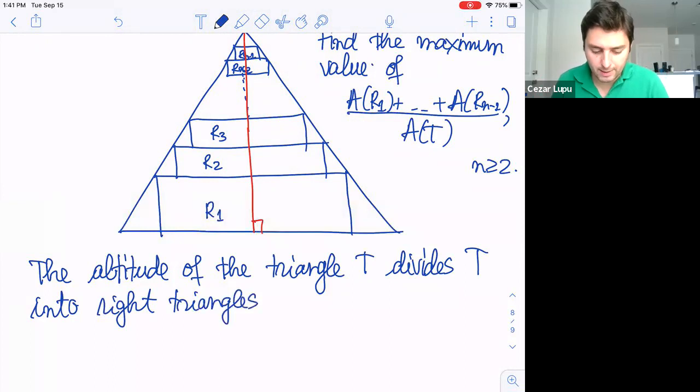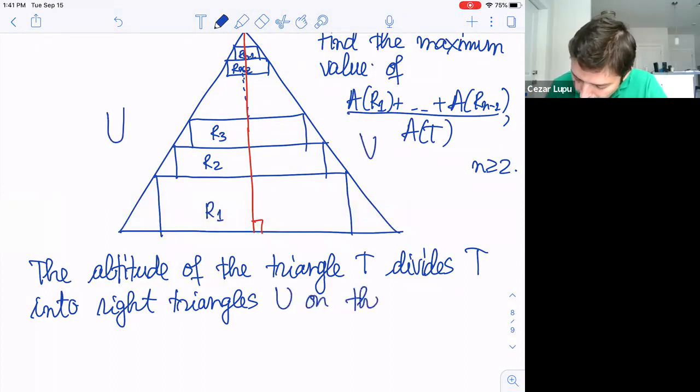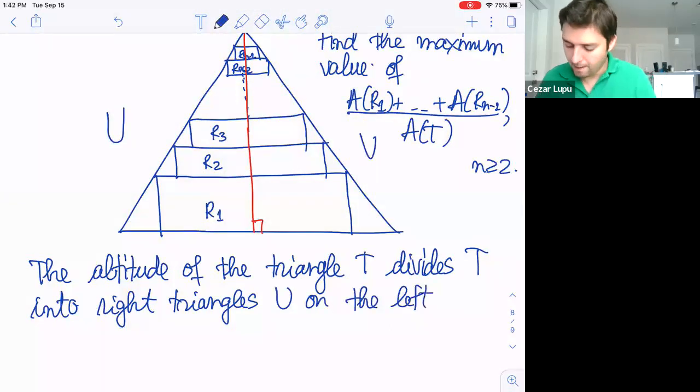I'm going to denote this, let's say it's U on the left, and let's say V on the right.